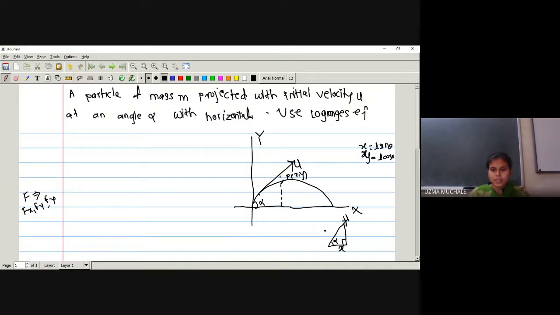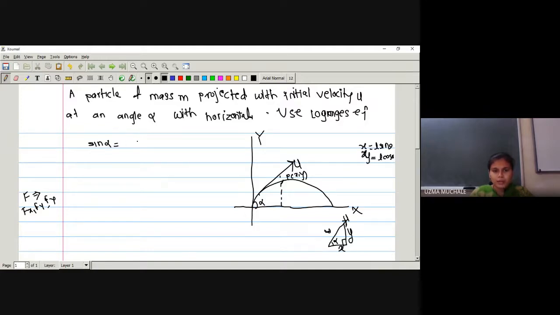This is the x-axis, and here this is our u, the hypotenuse. This is parallel to the y-axis, and this is along the x-axis. With the help of this right angle triangle, we can find the values of sine alpha and cos alpha. Can I write the values of sine and cos alpha from this figure?